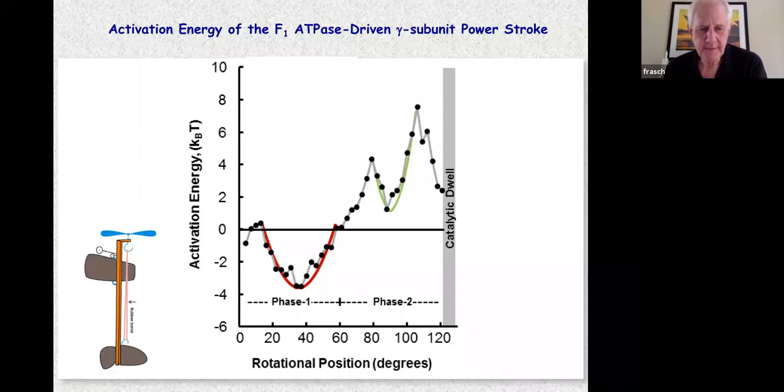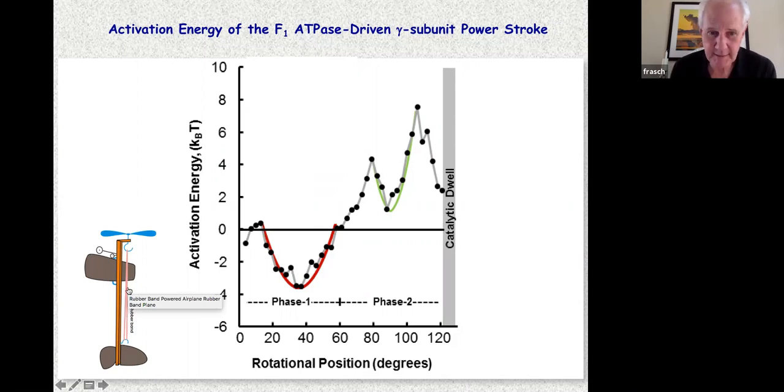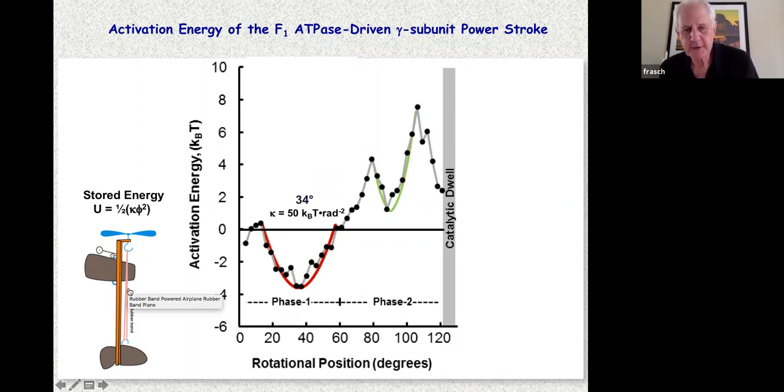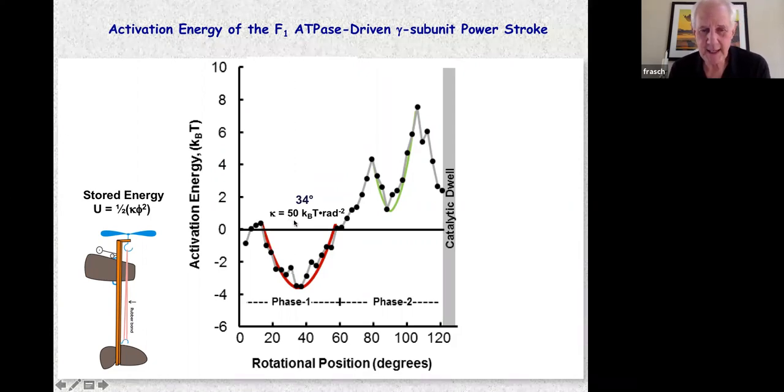And so if this is like a rubber band airplane, so right here, that you would use energy from this twisting of that rubber band or the gamma subunit, then we can calculate the spring constant, the amount of energy derived by twisting it by this equation, and we get a spring constant for the gamma subunit of about 50 kBT per radian squared.